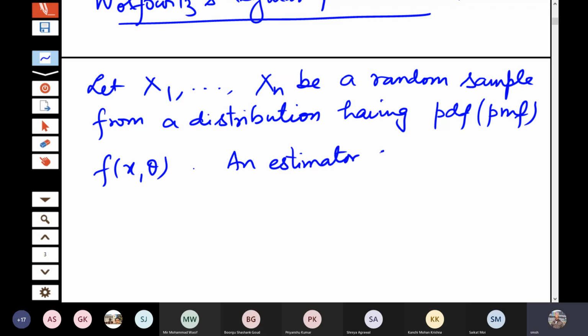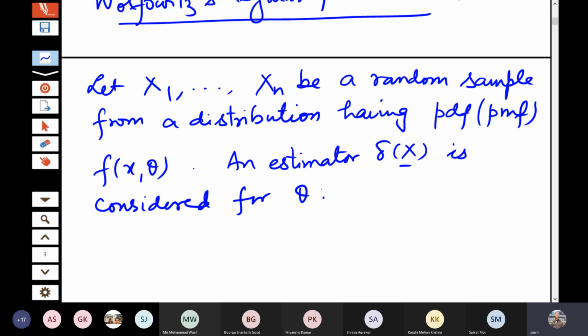An estimator delta(x) is considered for theta. In general, we can consider estimation of theta, theta square, theta log theta, or any function of theta. Initially I am writing the inequality for theta, and then you can just modify it by a certain coefficient and write it for g(theta) also. That is not a difficult thing.